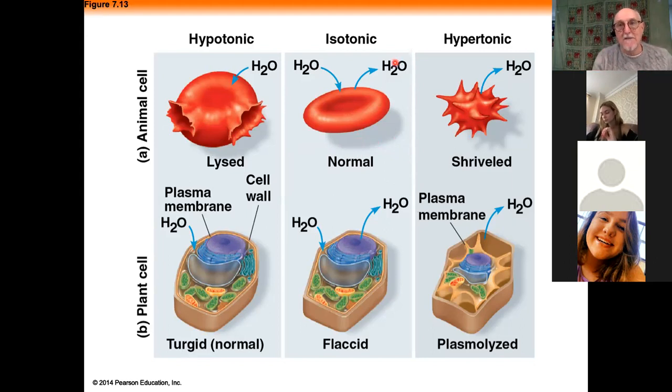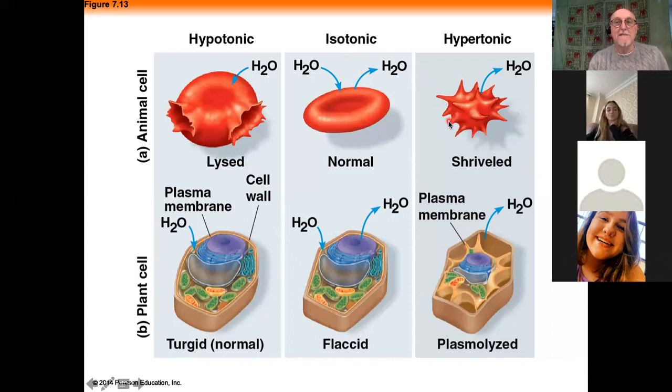Think about it this way. If I've got the same water concentration outside as I have inside the cell, and I let a water molecule go in, I've increased the water concentration inside, so one molecule will come out. That's what an isotonic situation is. As much moves one way, moves the other way, and the concentrations stay the same.